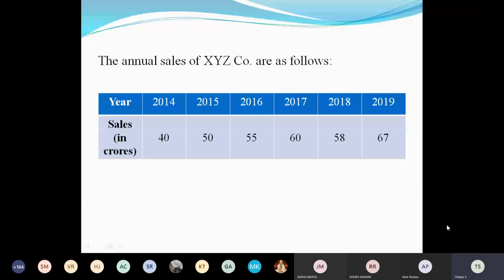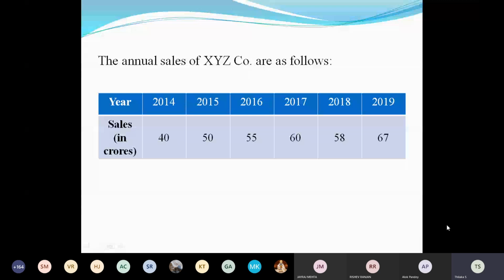The value will be 2016.5, so that can be the mid value. You have to make the difference from this 2016.5 to the given years.